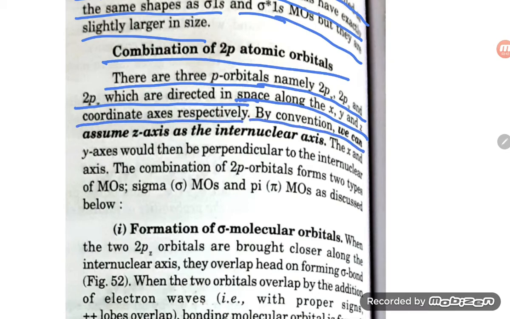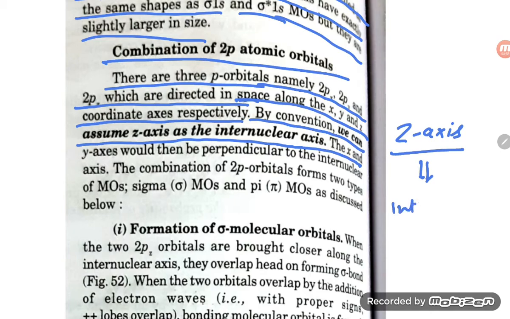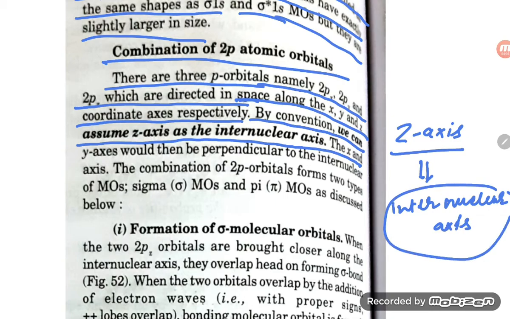By convention, we assume the z axis as the internuclear axis. The x and y axes are perpendicular to the internuclear axis.